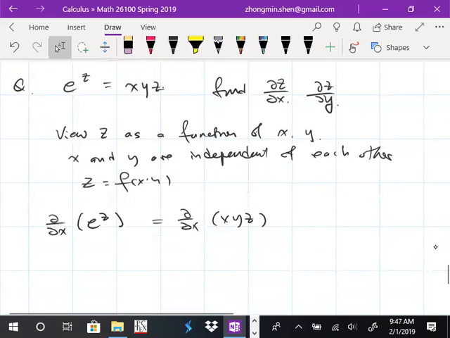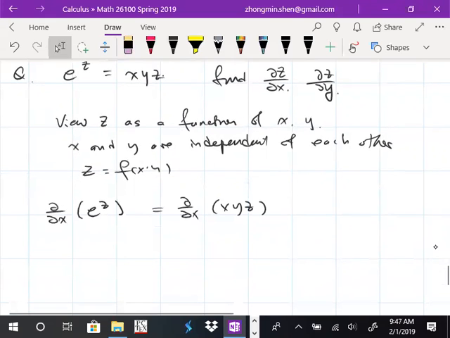When you differentiate e to the z, you get e to the z times the partial derivative of z with respect to x, just like usual. And on the right side you get a product, but remember, y is independent of x.